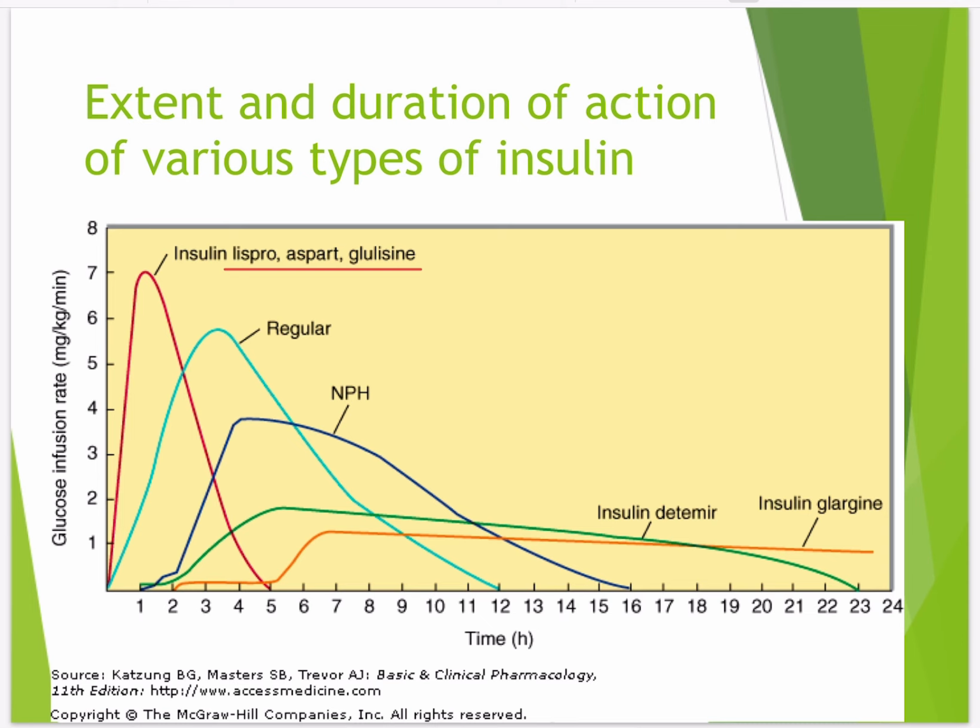And also we can use insulin detemir. This type of insulin has a fatty acid side chain, which increases both self-aggregation in the subcutaneous tissue and reversible albumin binding.